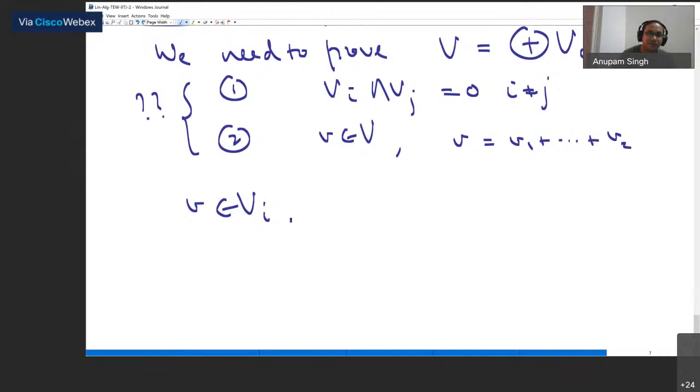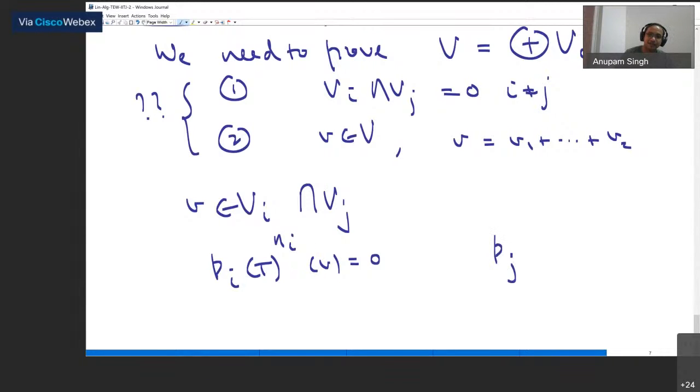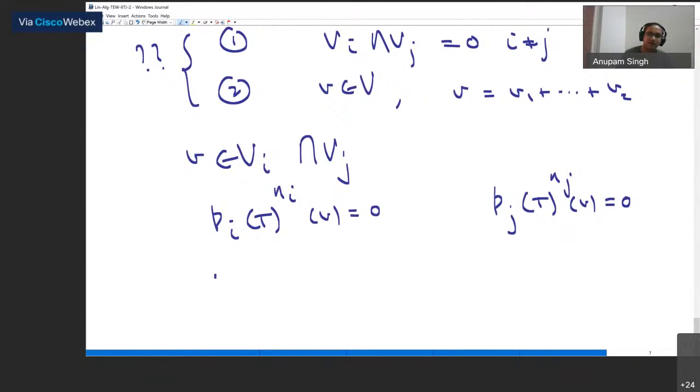Suppose I have a vector v which is in Vi, and the vector v is also in Vj, right? What does that mean? That means Pi(T) to the power Ni of the vector v is zero, as well as Pj(T) to the power Nj of v is also zero, right? This is what is given to me. This is what it implies.